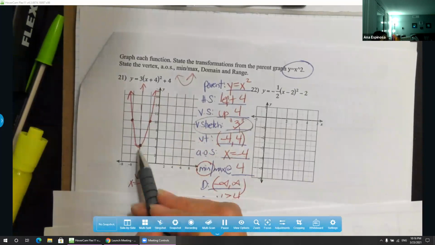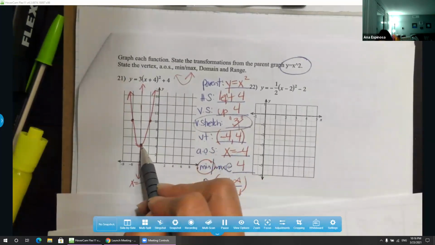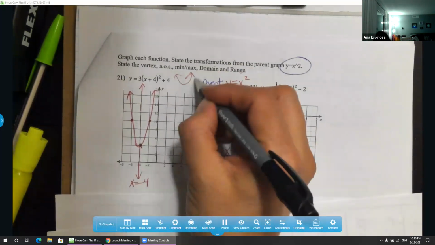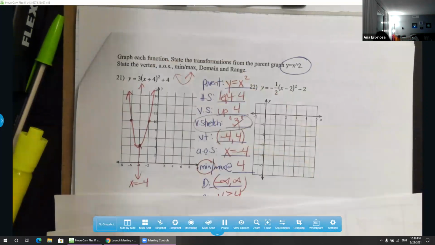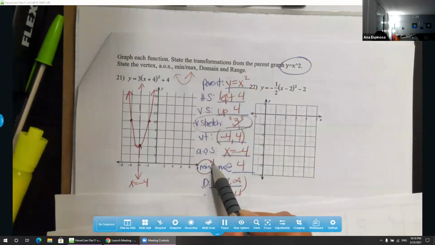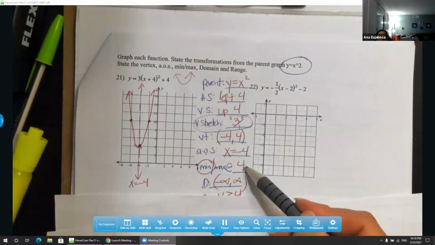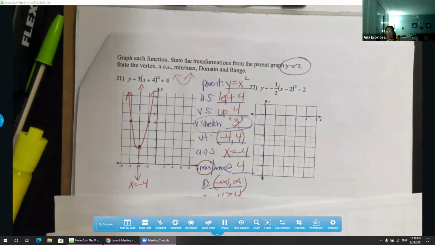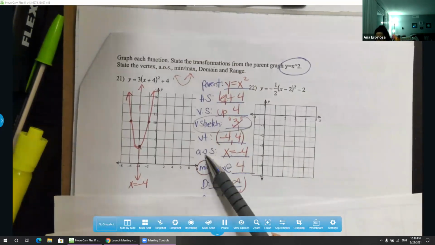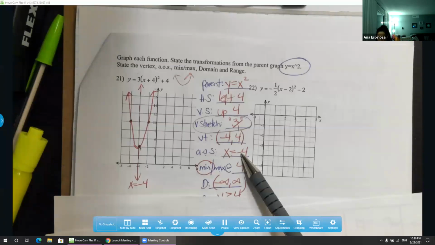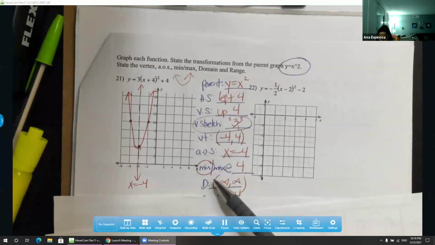So even when you're happy, you're still down a couple times. You still could get sad every now and then. It is a happy face because this is positive, and therefore it's a minimum. And then you get the y coordinate of the vertex. So AOS is the x coordinate, minimum is the y coordinate.